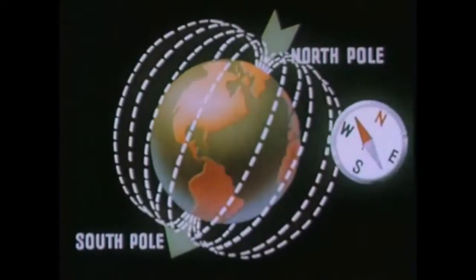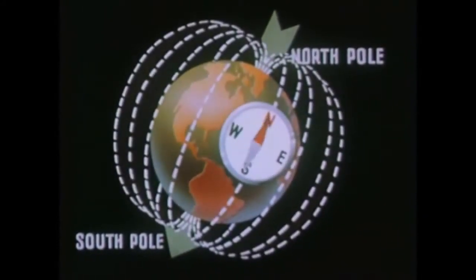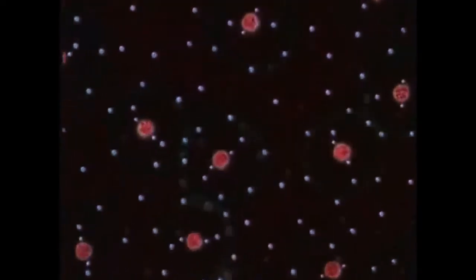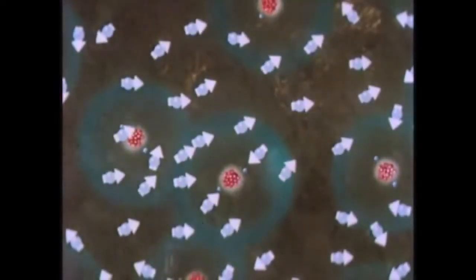The Earth itself is a magnet. So are the tiny electrons. All of the electrons in any object are tiny magnets. When a predominant number of these tiny magnets point in one direction, we have an extremely small magnetized block called a magnetic domain.